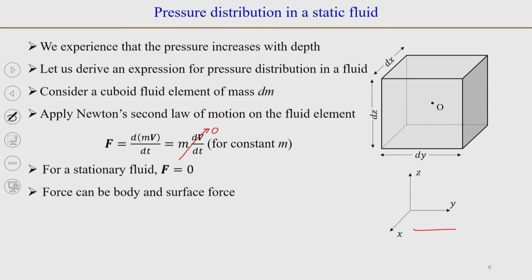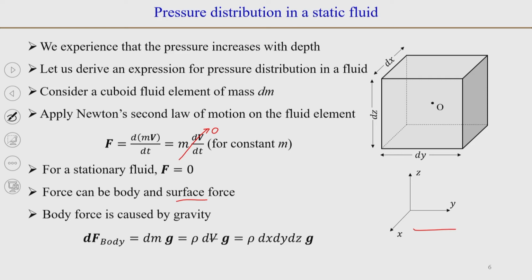This fluid element has 6 surfaces. So, we will need to obtain the force on each surface and then sum it up together. Okay. Now, body force, as I said, is caused by gravity. So, if the mass of the fluid element is dm, the body force will be dm into g, and mass is equal to density into volume.